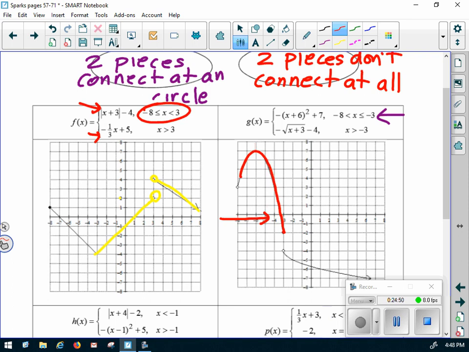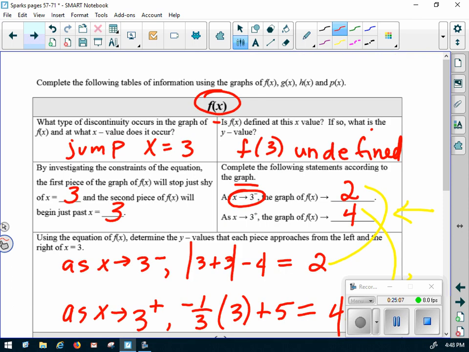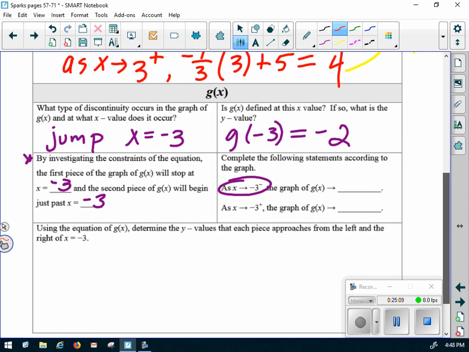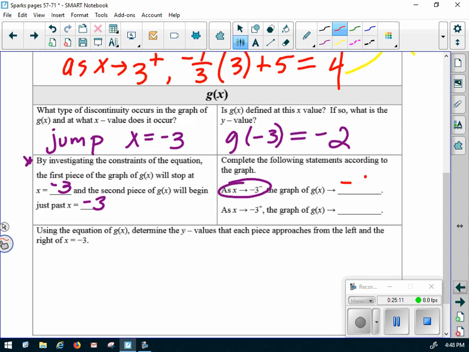As x approaches negative 3 from the right, from numbers bigger than negative 3, this way, the y values here are getting closer and closer to negative 4. So we've got negative 2 on this one, negative 4 on this one. You notice these two numbers aren't the same. That's how you know you've got a jump discontinuity.